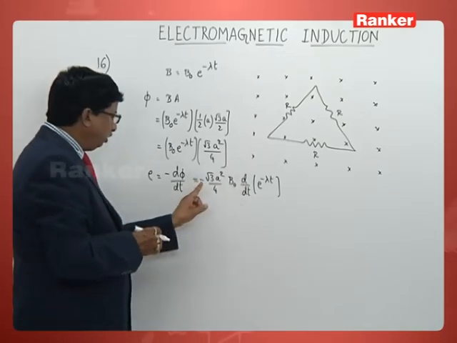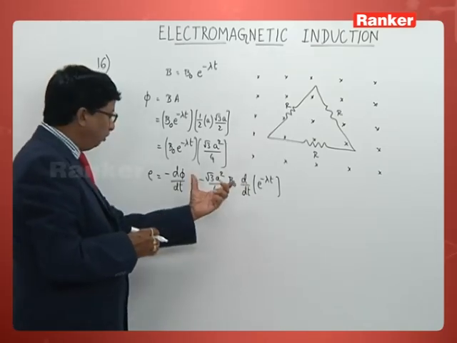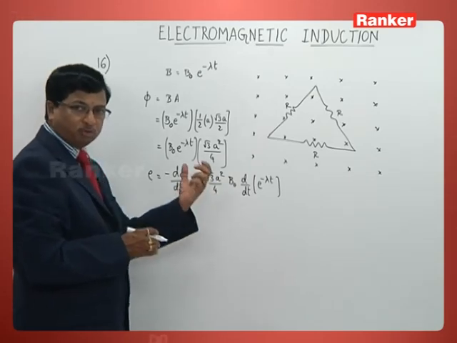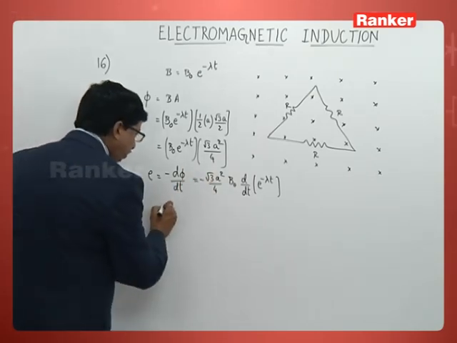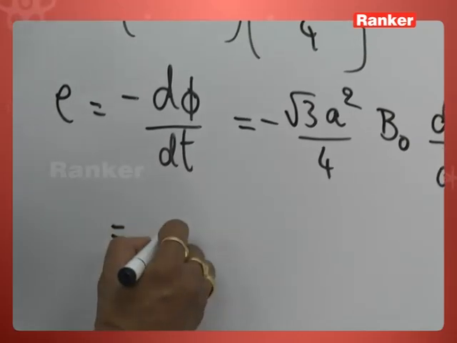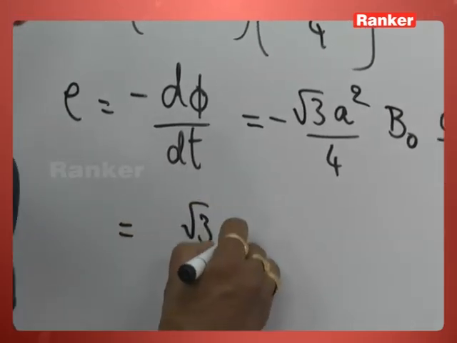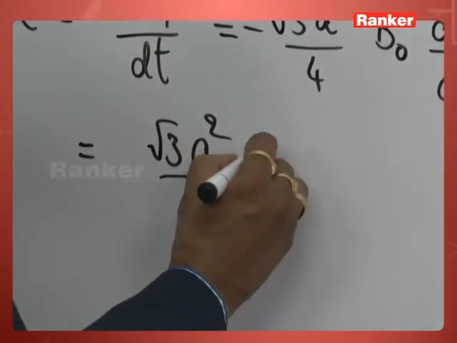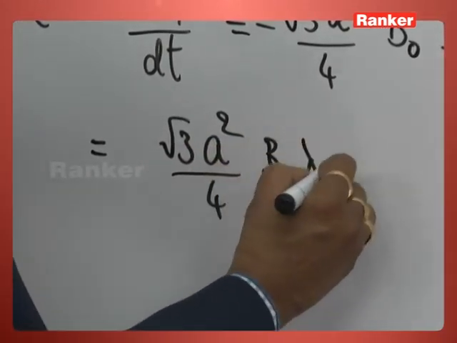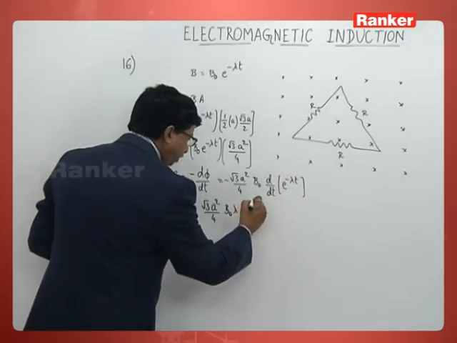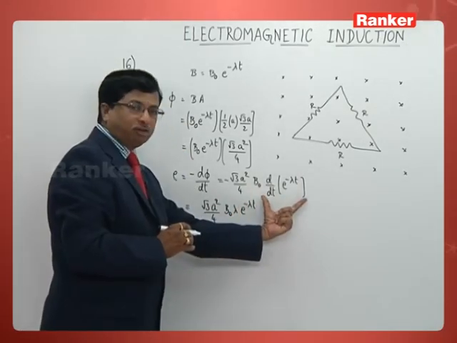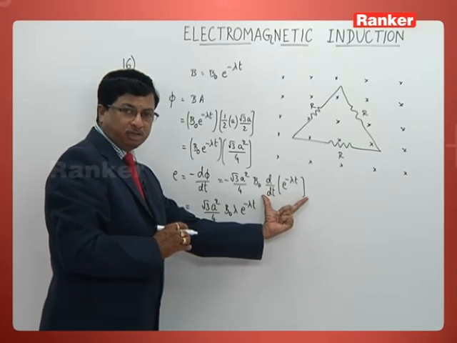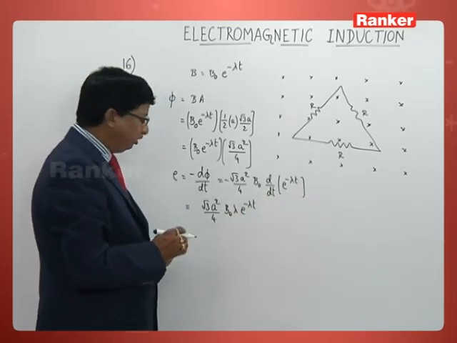So that negative sign and this negative sign, they multiply to give a positive value. So what do you get here? You will be getting directly root 3 a square by 4 into B naught into lambda e power minus lambda t. That only I have written directly here.